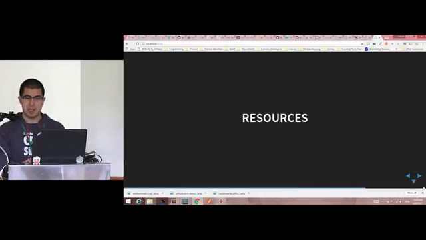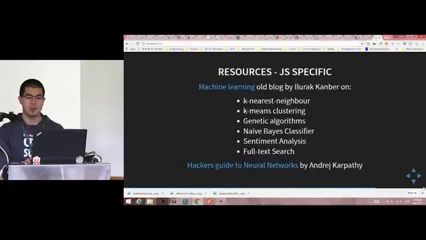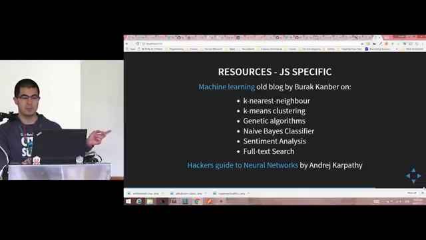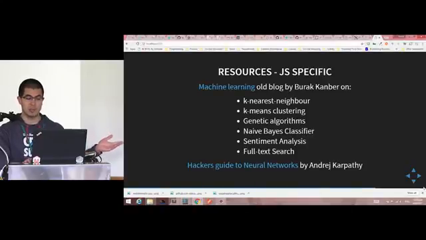Right. So that was my high level overview in terms of concepts from machine learning. I wanted to explore a number of blogs and libraries that you can use in JavaScript, or courses if you are interested in the area. So this one did a whole blog on machine learning, addressing not neural networks but a lot of unsupervised learning algorithms.